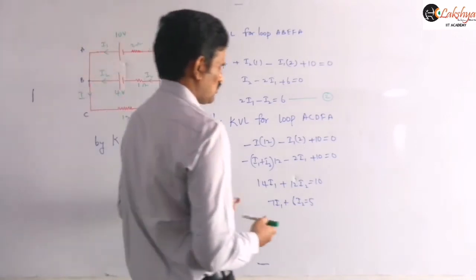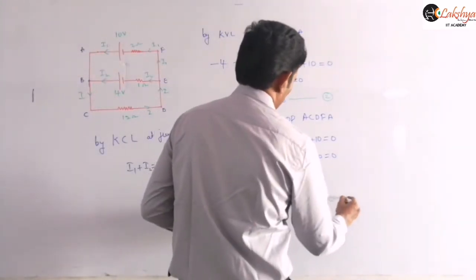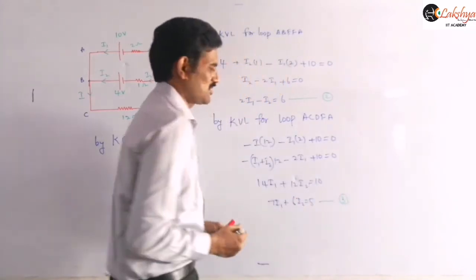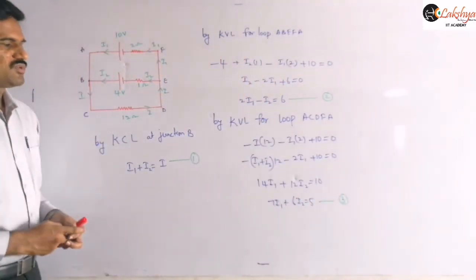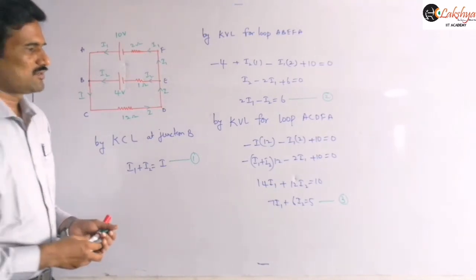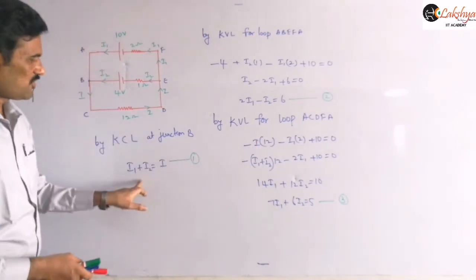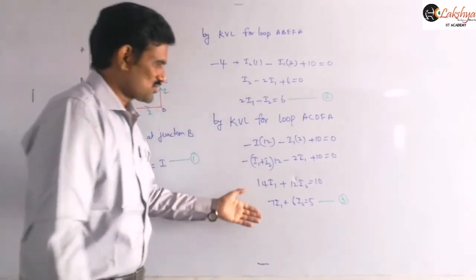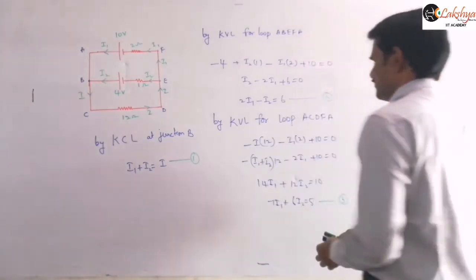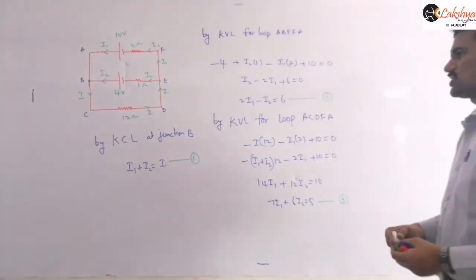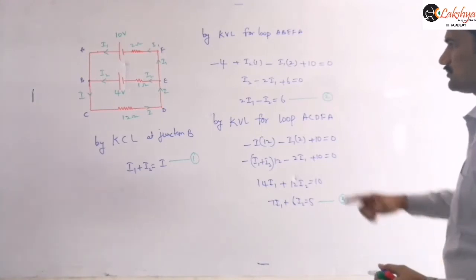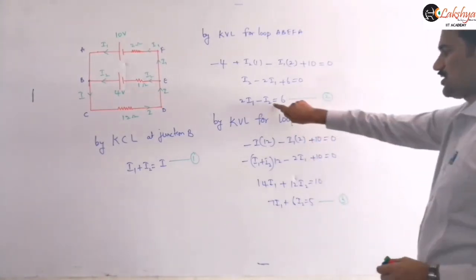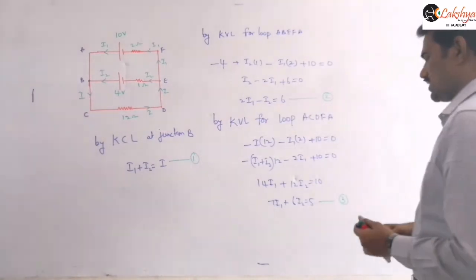Now simply we need to solve all these equations. That means you can solve equation 1 and equation 3, and equation 2 and equation 3, so that you will get the I1 and I2 values, right? Here I am substituting from equation 1, instead of I, writing I1 plus I2. I am multiplying this equation with 6 so that we can add it with this equation.